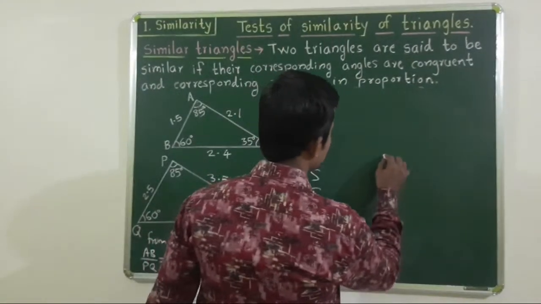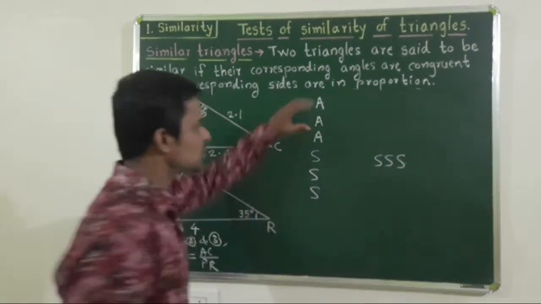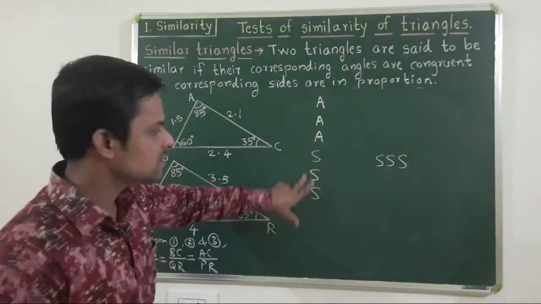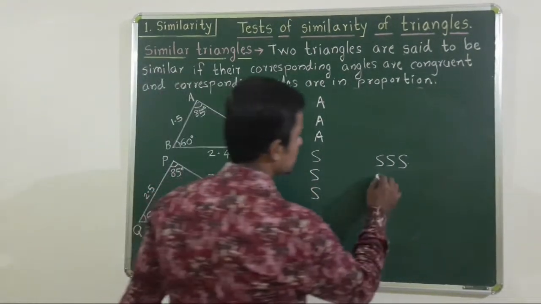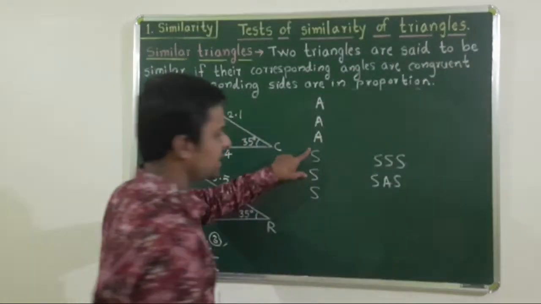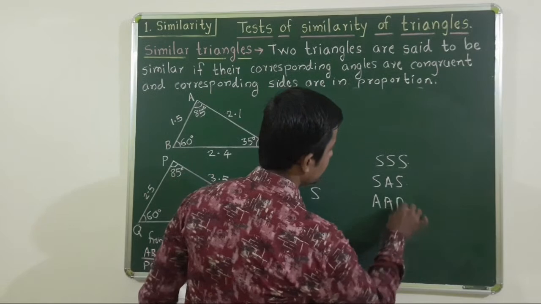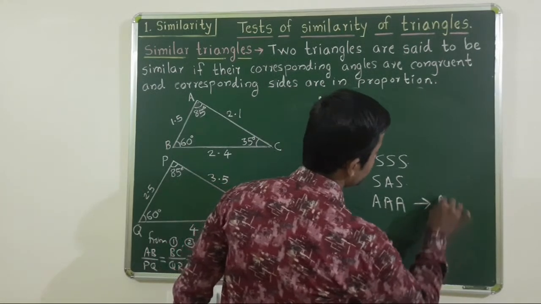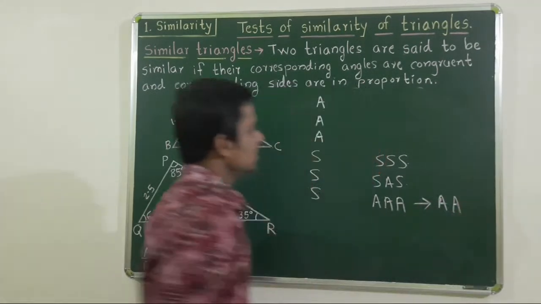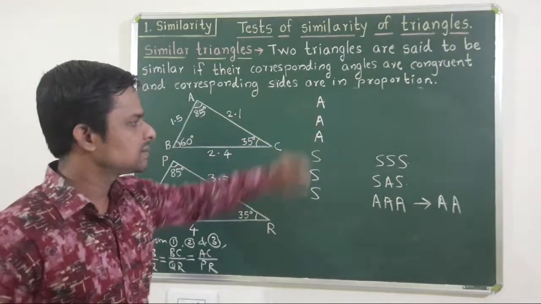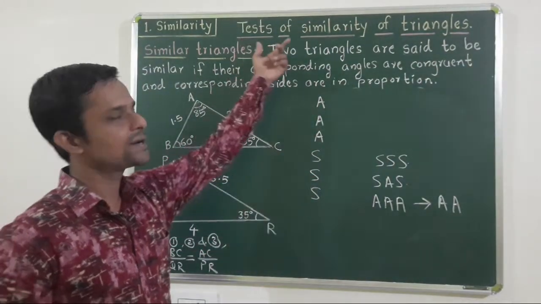For example, SSS, means out of these 6 we have chosen only 3 sides, or SAS, 2 sides and 1 angle, or AAA, it is converted into AA, that I will tell later. Means 3 angles only. These are the 3 tests of similarity of two triangles.